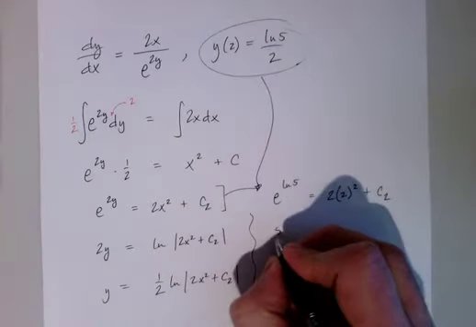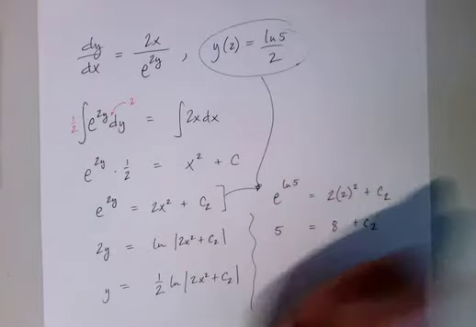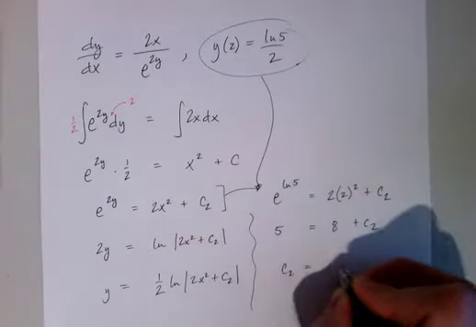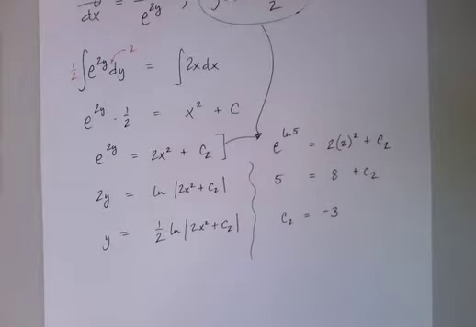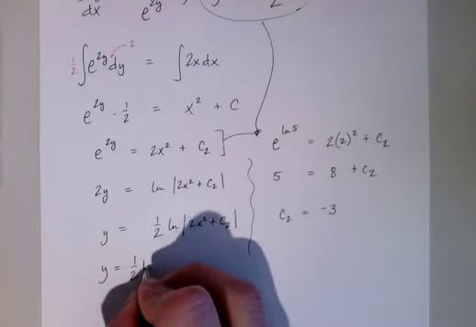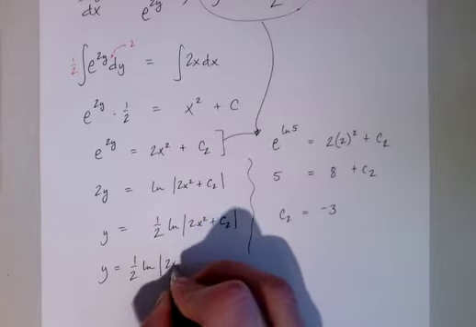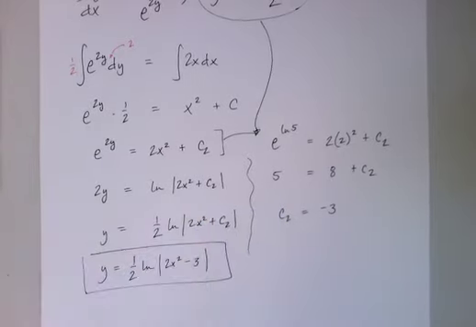That's going to be 5 over here, and that's 8. And therefore, c2 is equal to -3. And from that substitution, in order to find the particular solution, we recognize the fact that this is the solution to that initial value problem.